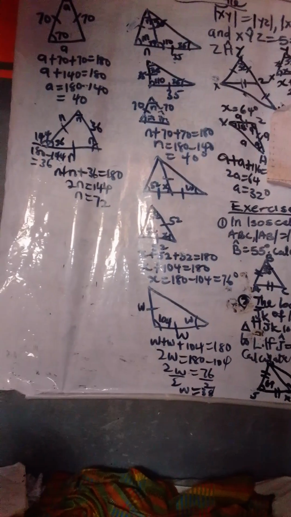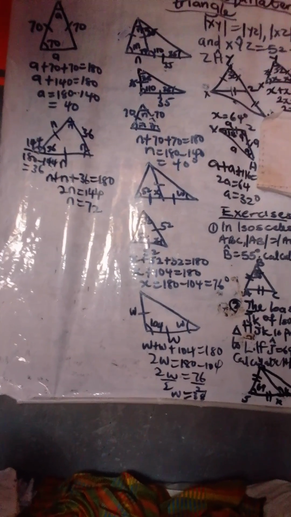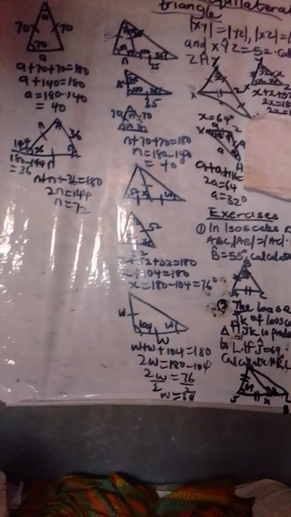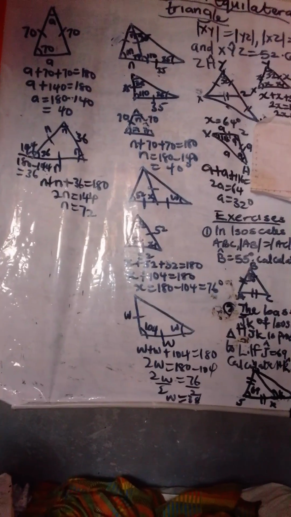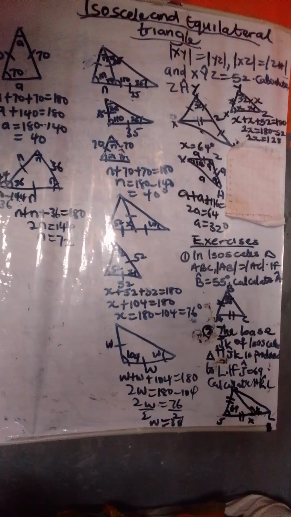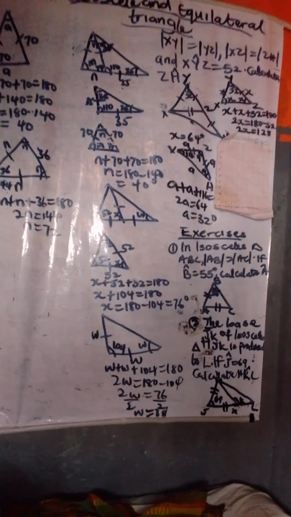Where it is facing is the opposite. That is x. Then where the other side is facing is x. The two sides are equal. You add it up with the 32. That will give us 180. So we end up with 64. So from there, you can calculate what is inside, as you can see in the above diagram.